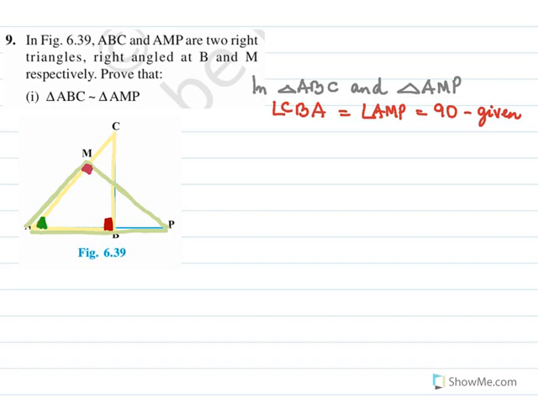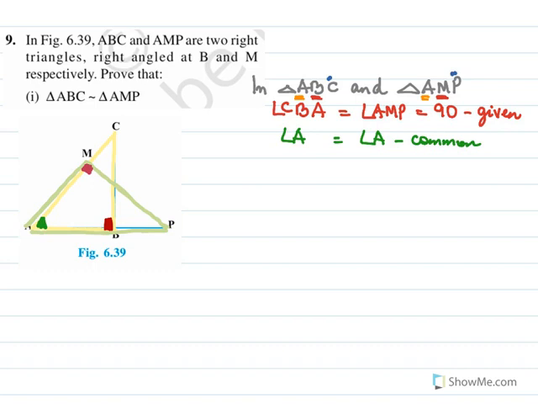So we have angle A equal to angle A because it is common. So we got two angles already equal. We got B equal to M, and now we have A equal to A. So the third angle C, this angle C must be equal to angle P. Let's mark that.